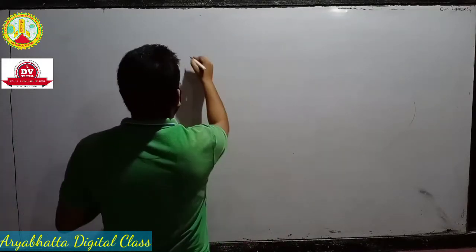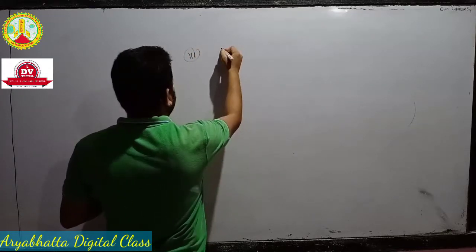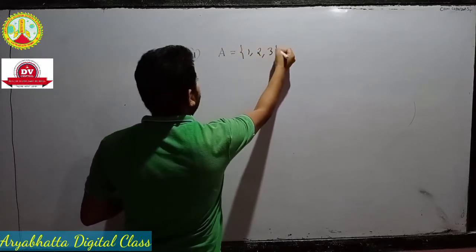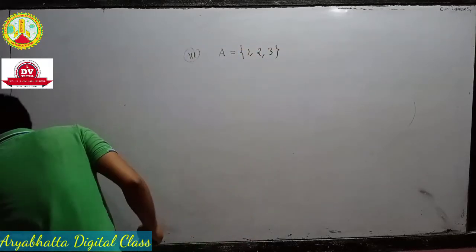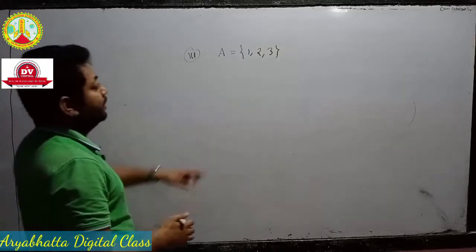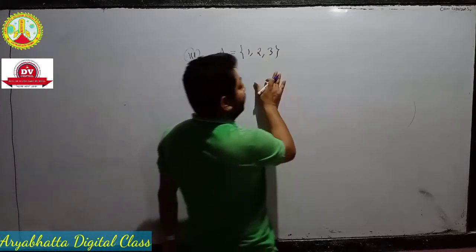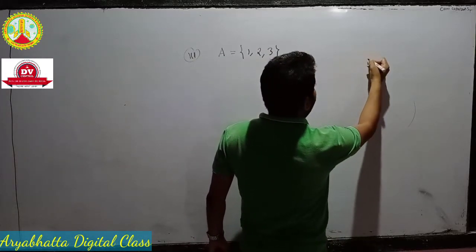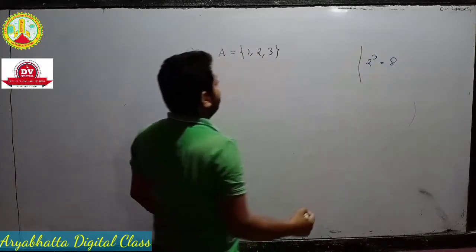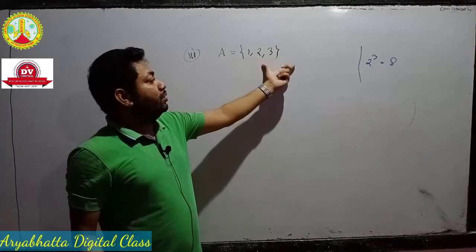Next, number 3. A is equal to {1, 2, 3}. Here the total number of elements of set A is equal to 3. Therefore, the total number of subsets of set A is equal to 2 to the power 3, which is equal to 8.